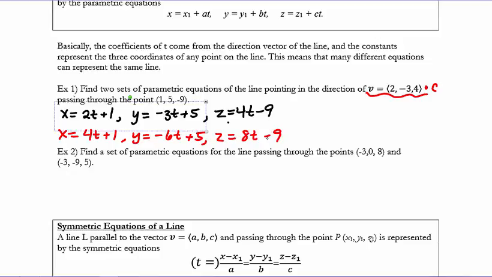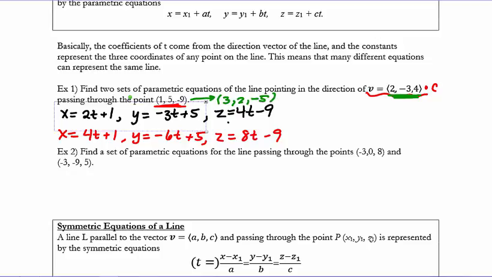The other thing we can do is say, if it has to pass through this point, but I know it goes in this direction, I can use those 2 things together. If it passes through this point and goes in that direction, that means x increases by 2 when y increases by -3, when z increases by 4. So if 1, 5, -9 is on the line, then so is 3, 2, -5.